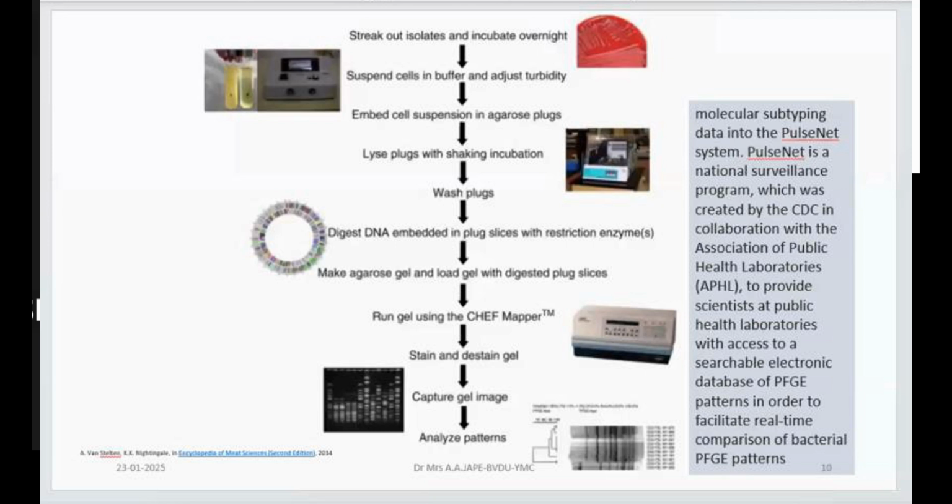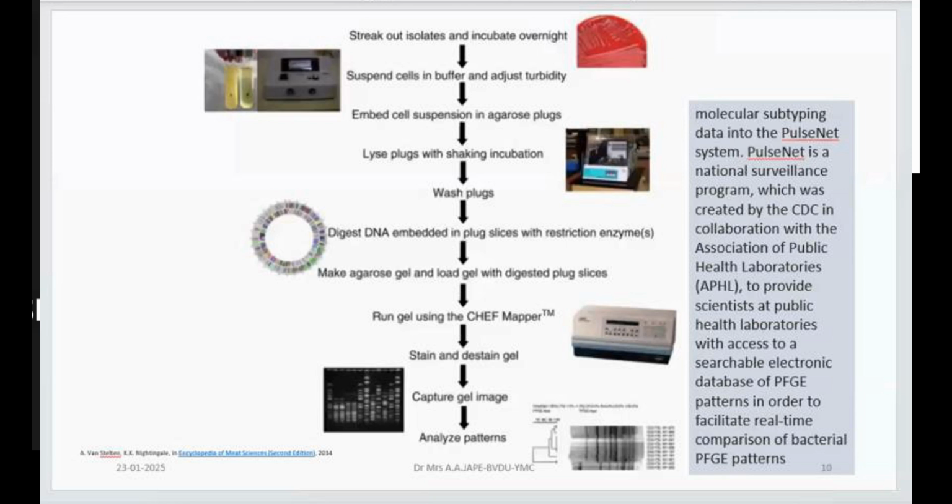So whole bacterial cells are put into the agarose plug. It is not that you are isolating the DNA and then fragmenting it with restriction or shear stress methods, and then sequencing it or doing electrophoresis of it. No, we are taking the whole bacterial cell, embedded into an agarose plug.